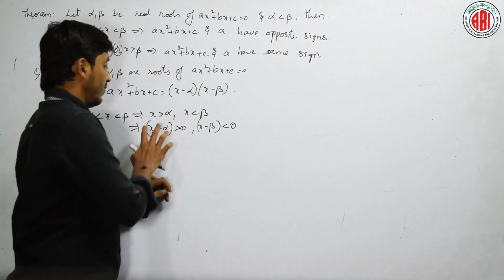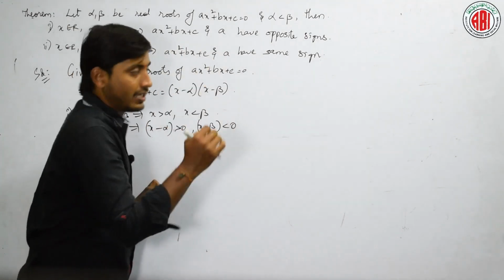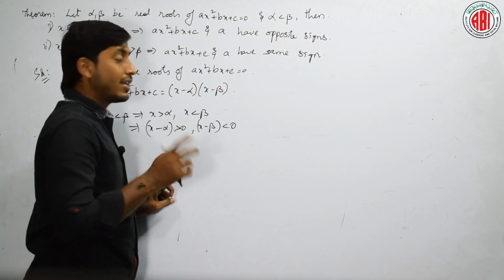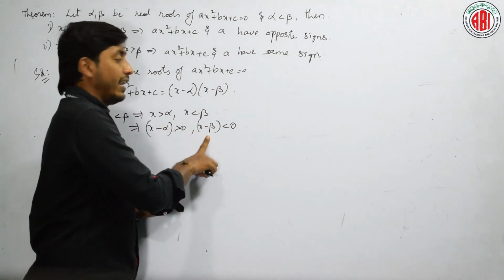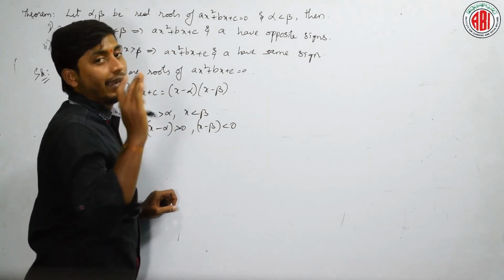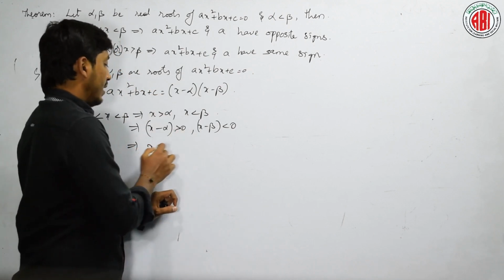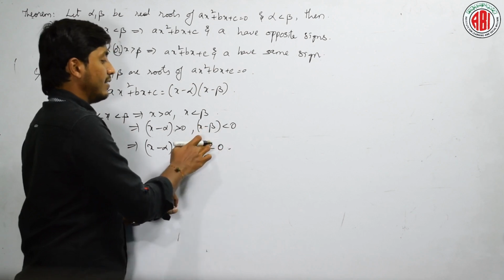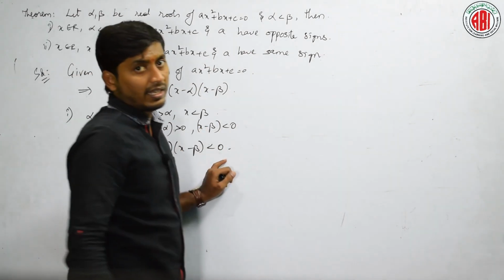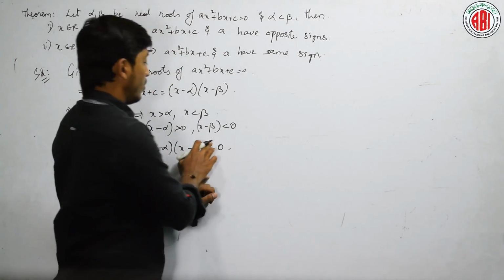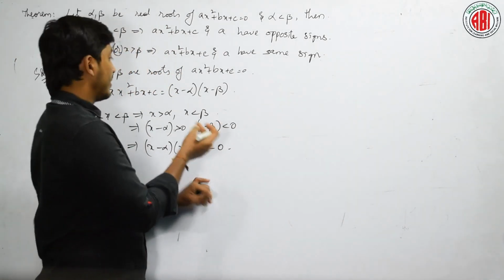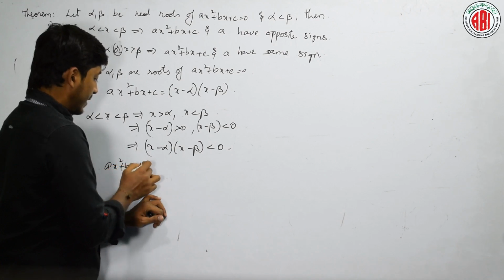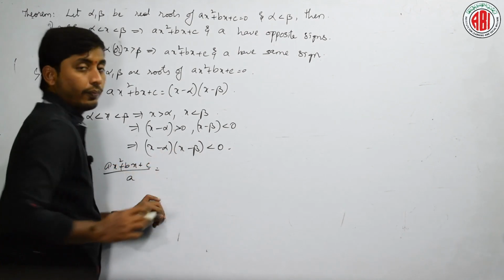So, just observe, one term is positive, one term is negative. What about the product? Multiplication of a positive term with a negative term is always a negative term, that is, x minus alpha into x minus beta is always less than 0. Is it right? Yes or no? So, let us divide ax square plus bx plus c by a.